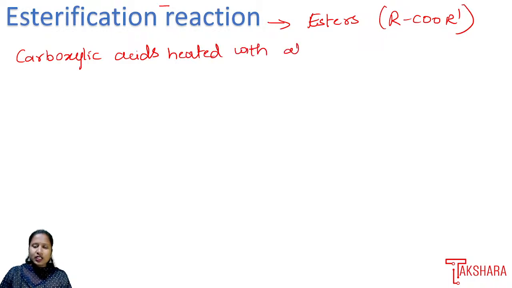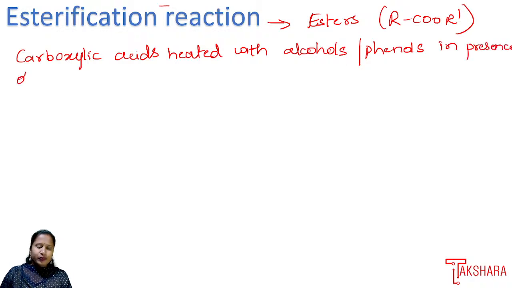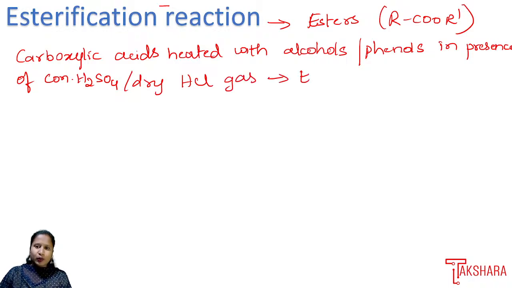So the carboxylic acid is heated with alcohols or phenols in the presence of concentrated H2SO4 or dry HCl gas, and it is going to give the product esters.